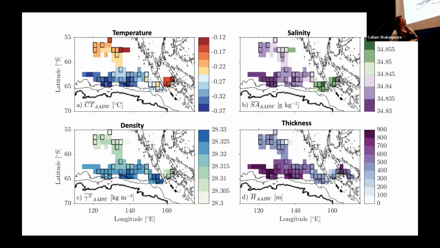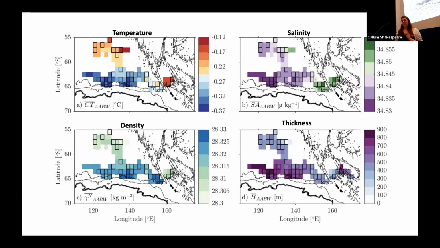And then there seems to be this divide, especially in temperature and salinity, around 60, 61 or 62 south. So it seems to be quite warm and light to the north, and dense and cold to the south.